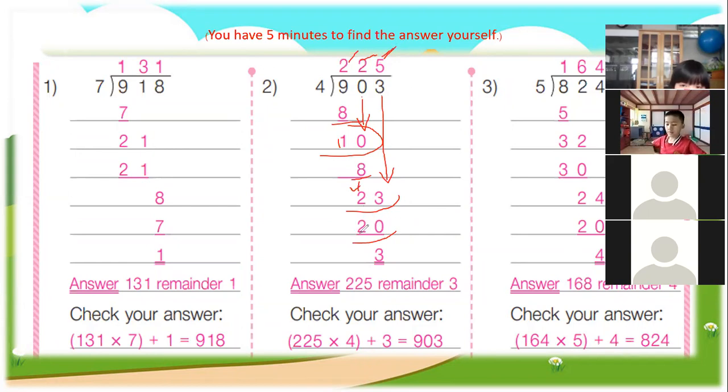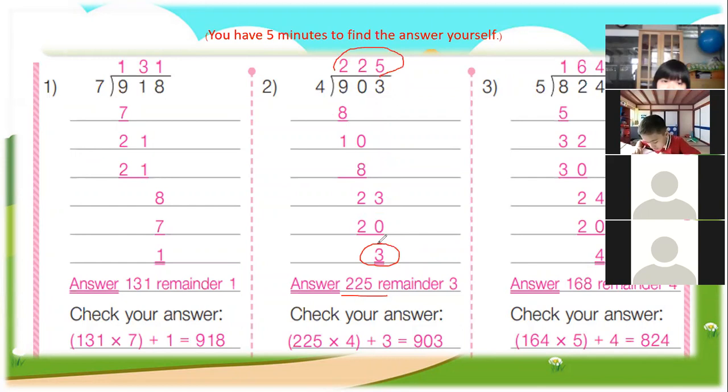So 23 minus 20 is equal to 3. Now this 3 we cannot divide with the divisor because the divisor is bigger and we don't have any more numbers. So this 3 is the remainder. So we have the answer: 225 is the quotient and 3 is the remainder.